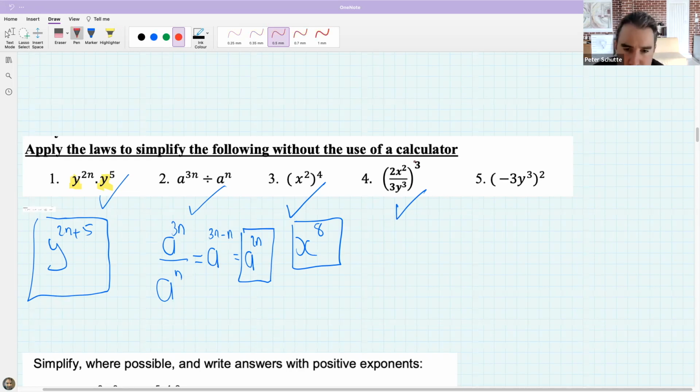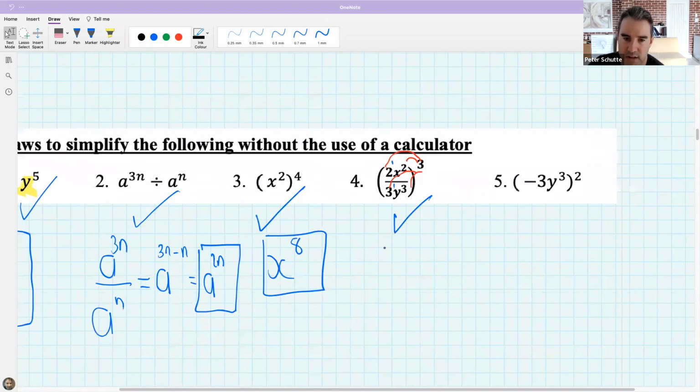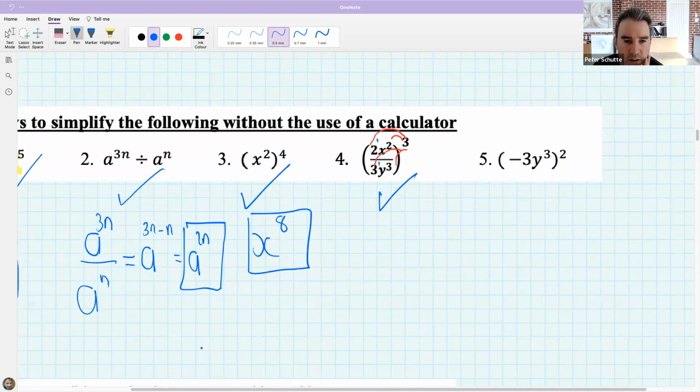My tip to you is to say the 3 needs to be applied to that, to that, to that, and to that. And what are the powers of the numbers? There's just going to be ones there. So remember, if there's nothing there, it's just a power of 1. How can you use that to help you?